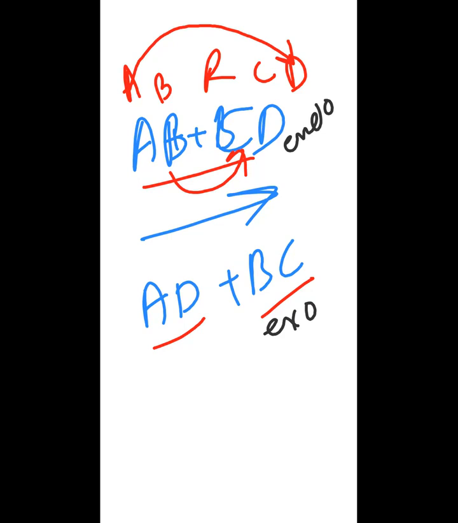But we have to check how much energy is being absorbed and how much energy is being released. The difference will tell you about the overall reaction. If the difference is positive, the overall reaction is endothermic. If the difference is negative, the overall reaction is exothermic.